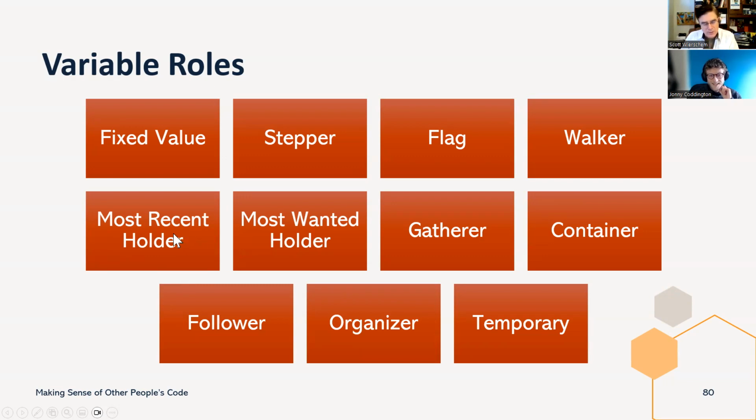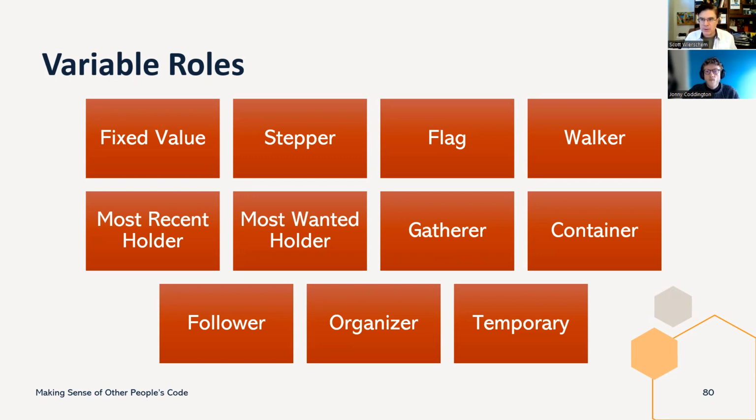The most recent holder is the one we're working on, and the most wanted holder is the one we're looking for as we're going through the code or through our loop or whatever. A gatherer collects data into a single value, like when you're computing a sum or something like that.